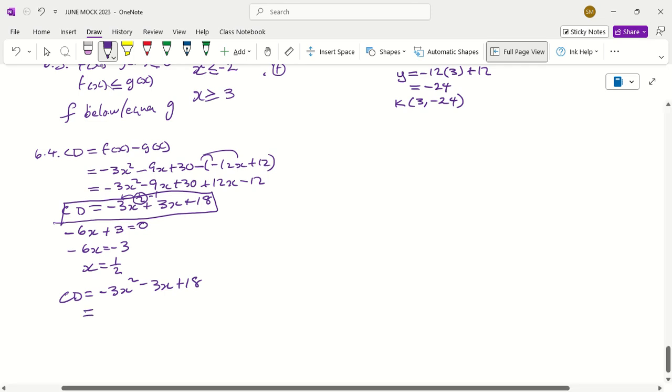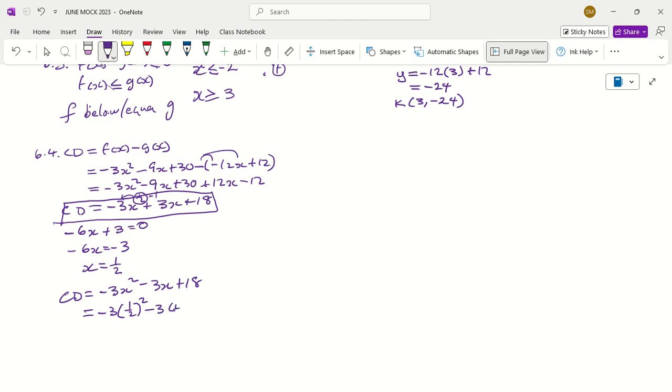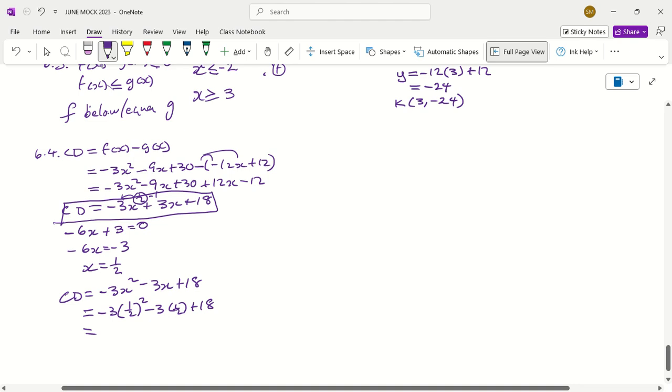Then now we are going to substitute: negative 3, 1 over 2 squared, minus 3, and then 1 over 2, plus 18, and then we have the actual distance, which is 75 over 4.